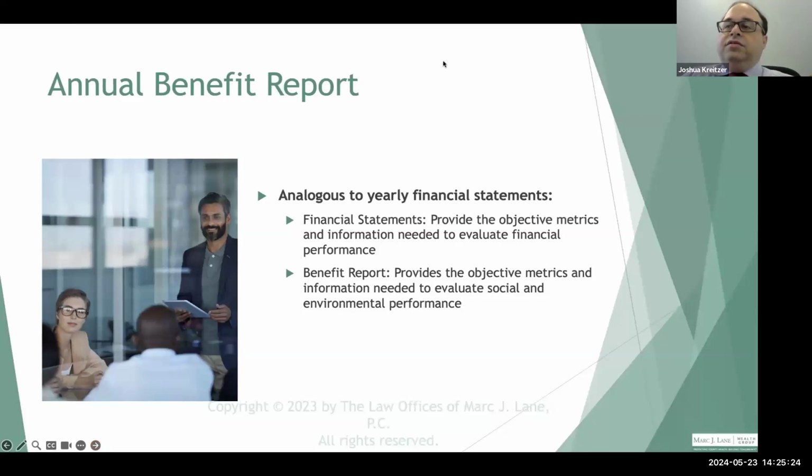Similarly, the annual benefit report provides the objective metrics and information needed to evaluate social and environmental performance. It can be used by shareholders to evaluate management success in achieving social and environmental goals, and it can be used by potential investors and customers to evaluate the social and environmental performance of the company.